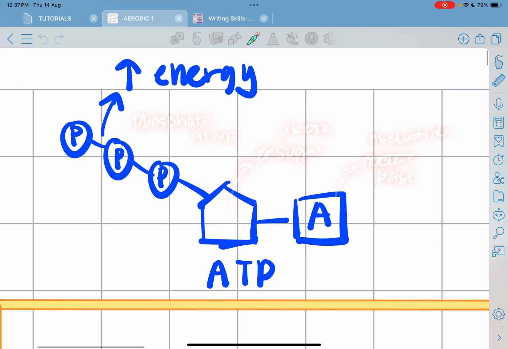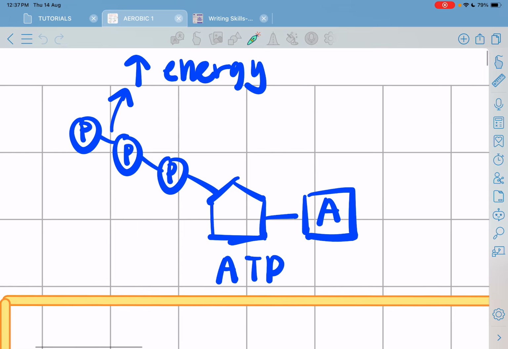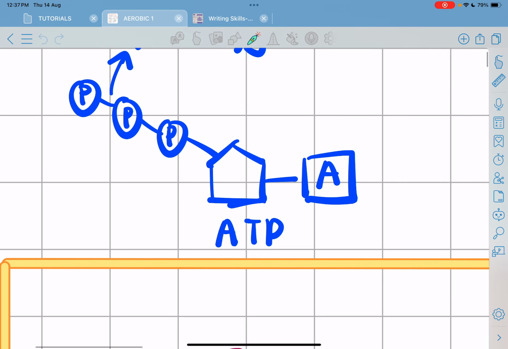That is why it is considered as nucleic acid's macromolecule. Okay. Because ATP stands for adenosine triphosphate. Triphosphate meaning 3 phosphate groups. This one.